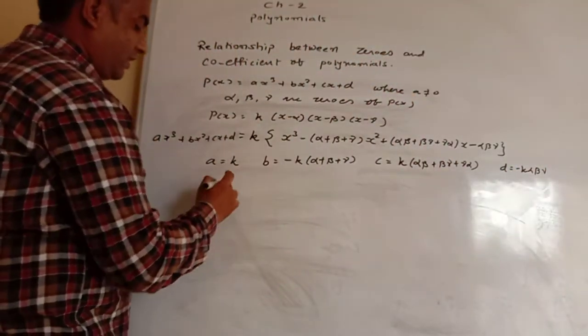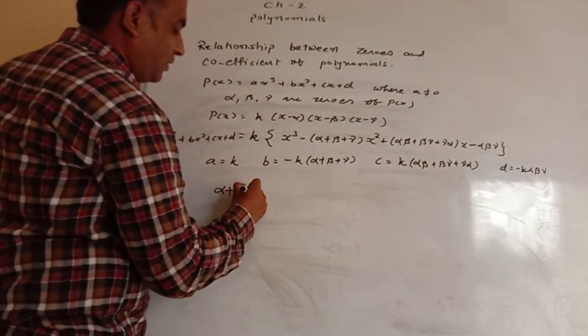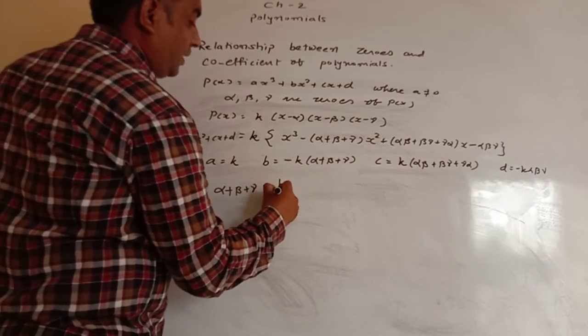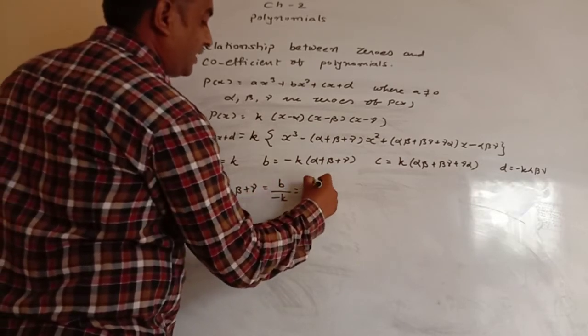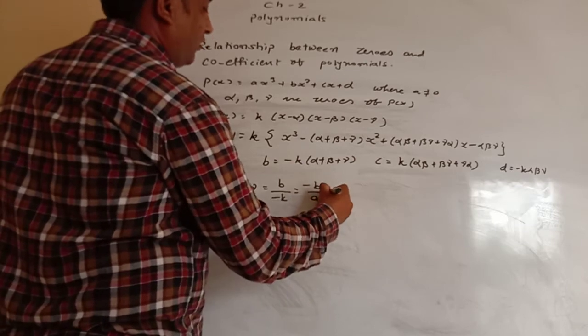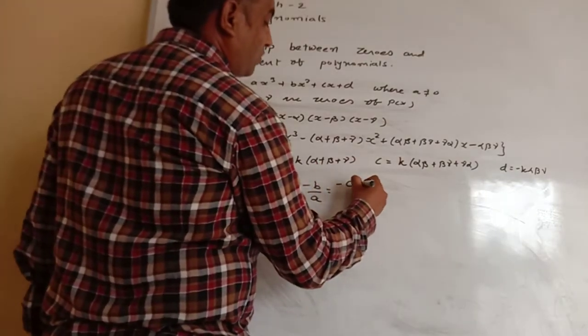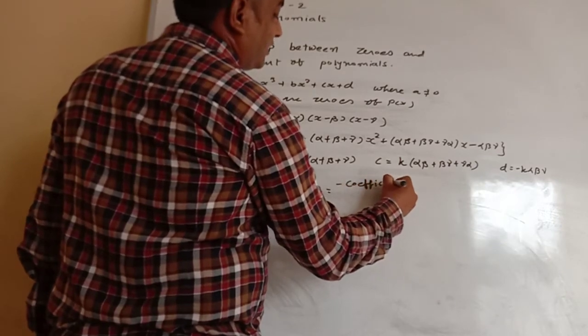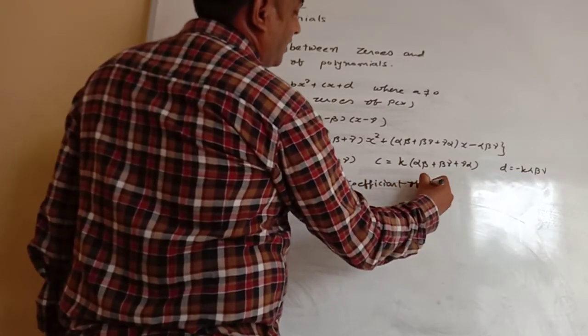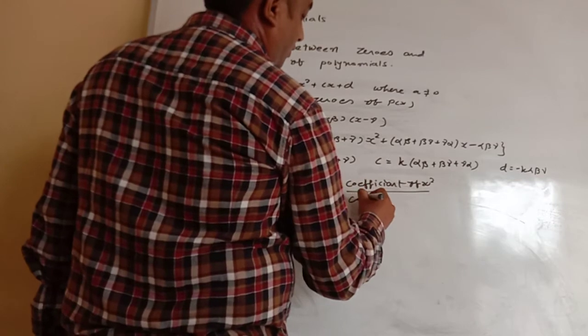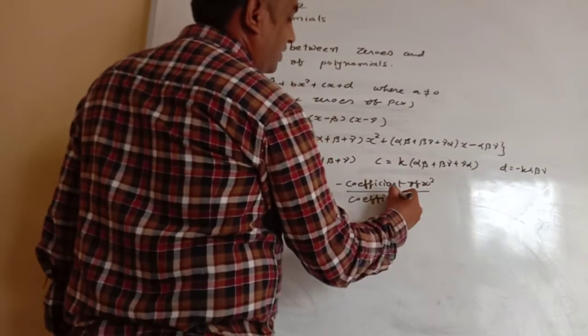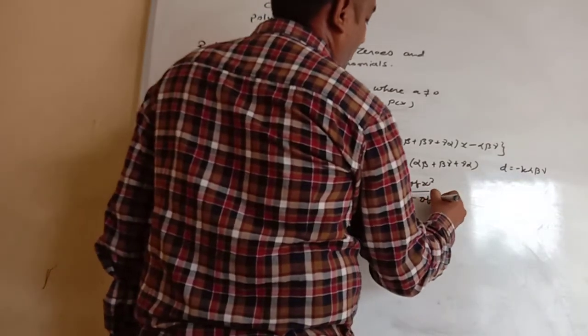So from here we can write that alpha plus beta plus gamma equals b by minus k, that is minus b upon a. We can see that b is the coefficient of x square, so it is minus the coefficient of x square upon the coefficient of x cube.